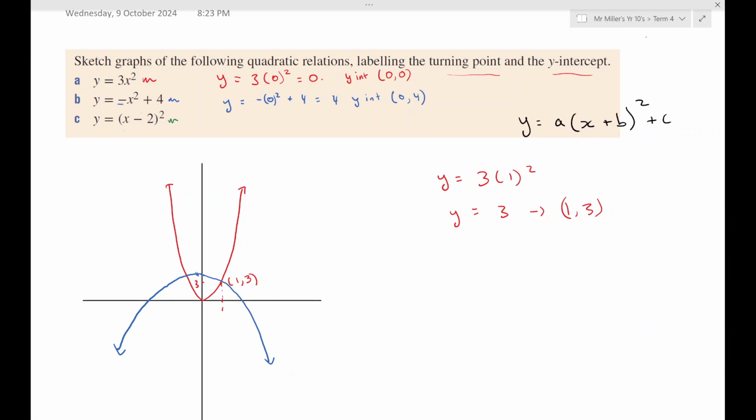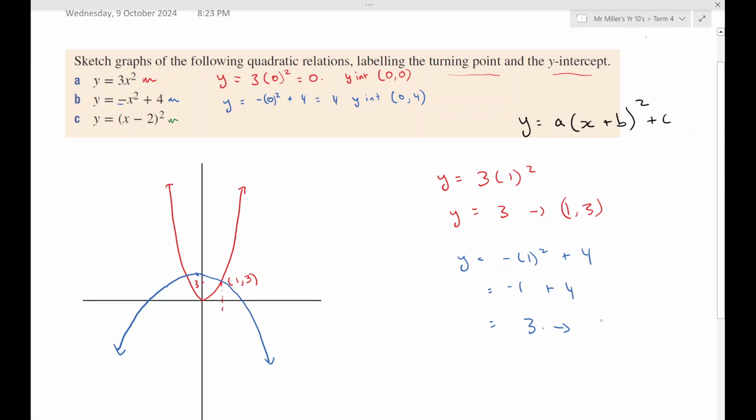Now, just to get a bit more information on this, I might again ponder, what's y going to be when x is 1? -1 squared, that's just going to be negative. 1 squared is 1, negated is -1, plus 4, that's going to give me 3.